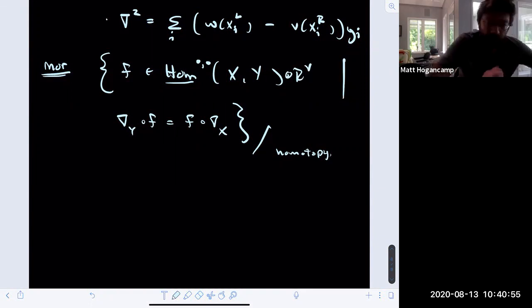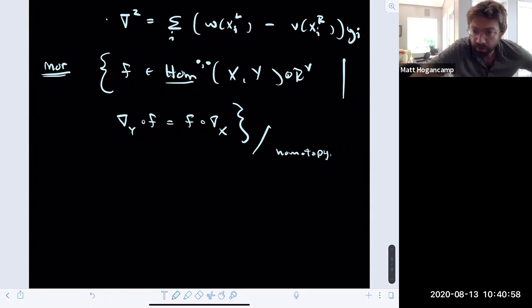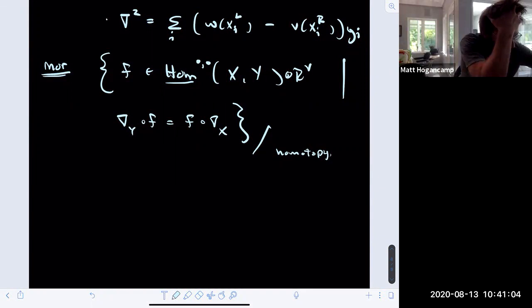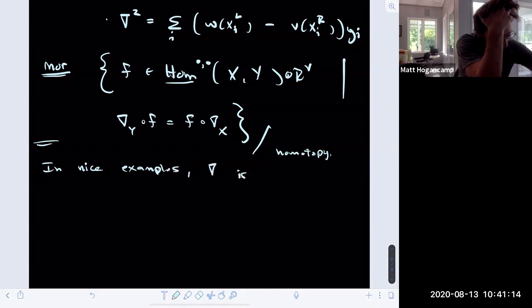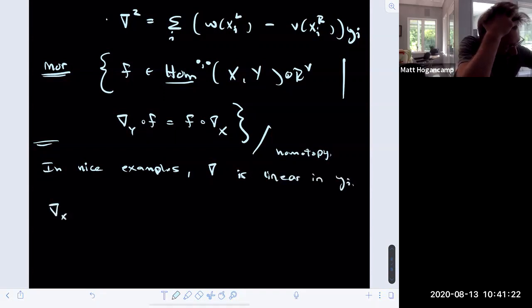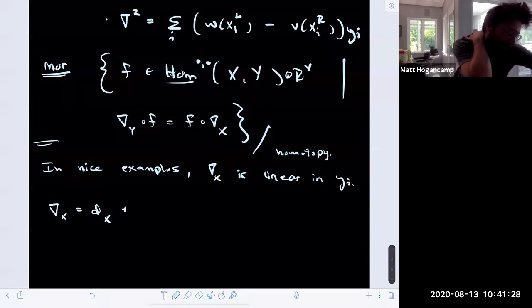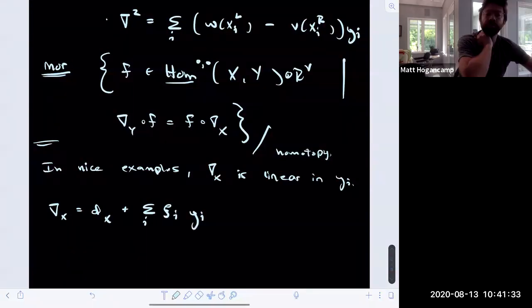Okay, and so in nice examples, let me just explain what it means to be an object of this category. So in nice examples, nabla is in fact at worst linear in the y's. So that means nabla can be written as the original differential on your object X plus some expression of this form.